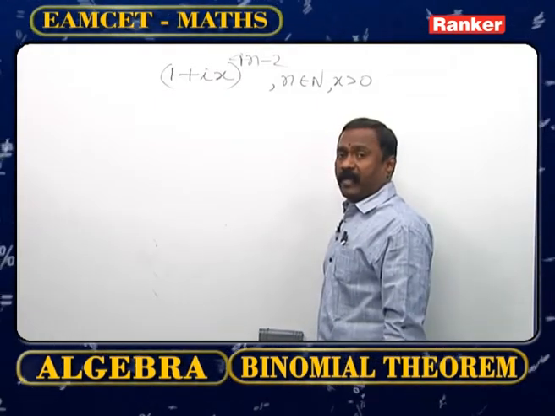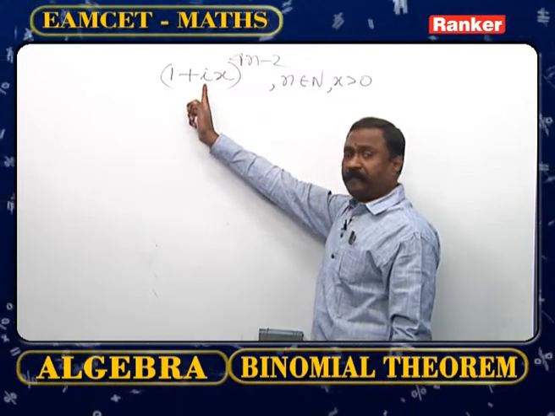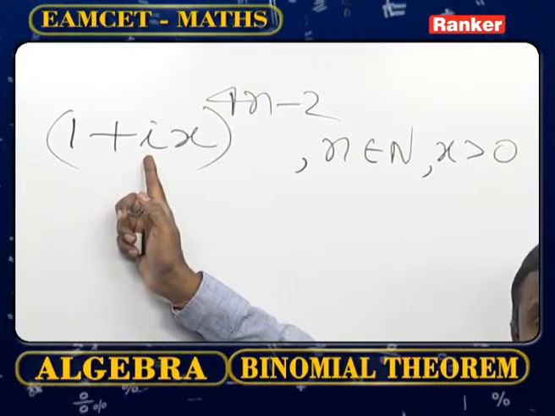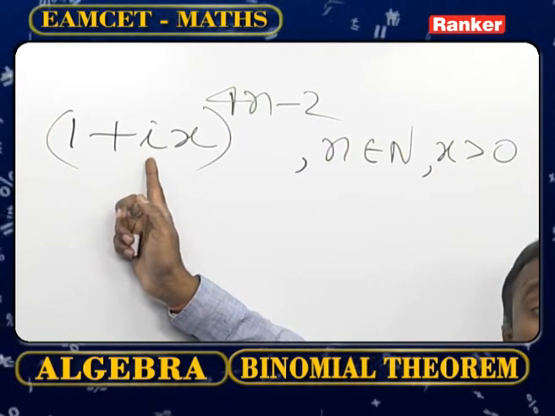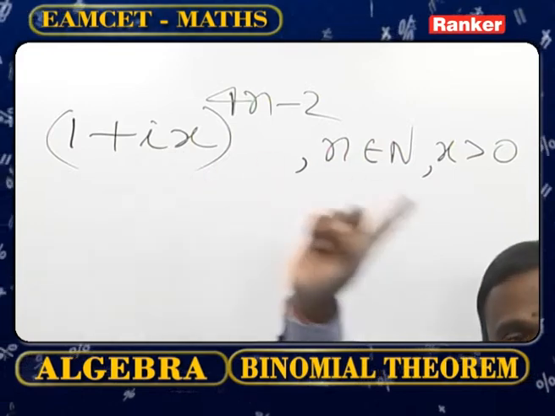Let us see here. I is there, stands for imaginary number. I square becomes minus 1. I cube becomes minus I, I power 4 becomes 1.